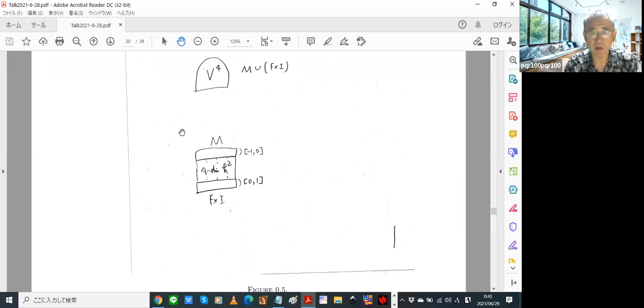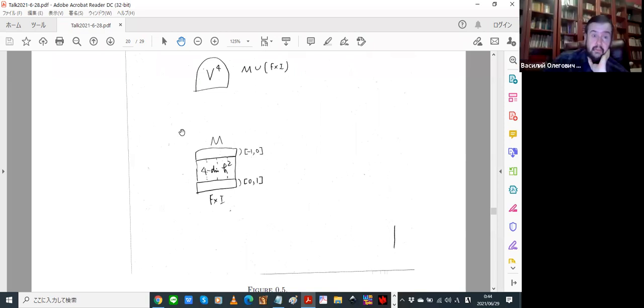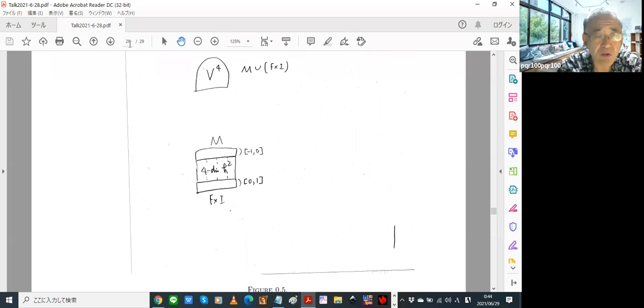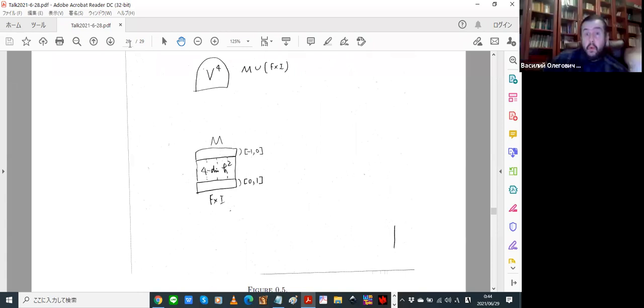So yes, F cross interval makes a four manifold, and along the framed link we attach a four-dimensional two handle. So you mean that you have bands? But what bands? How do you define a framed link?